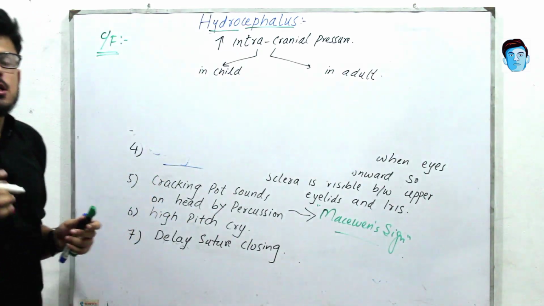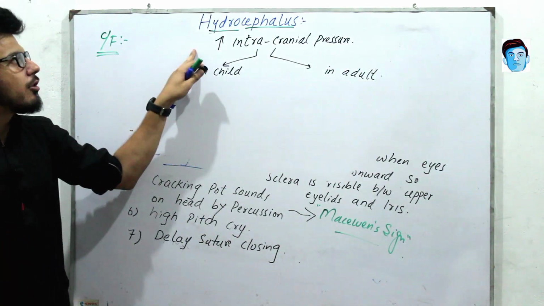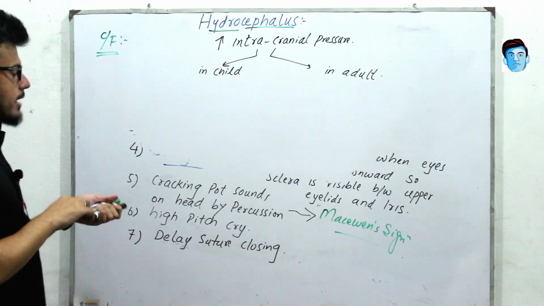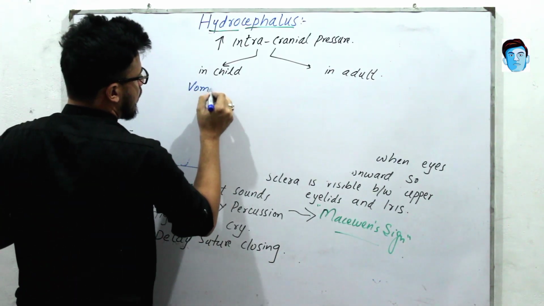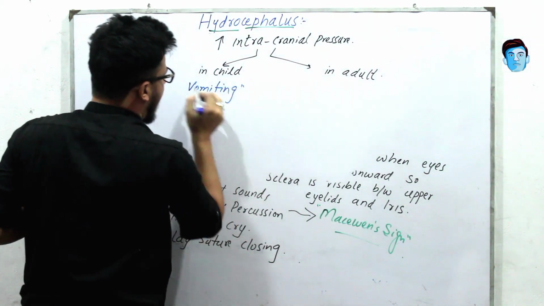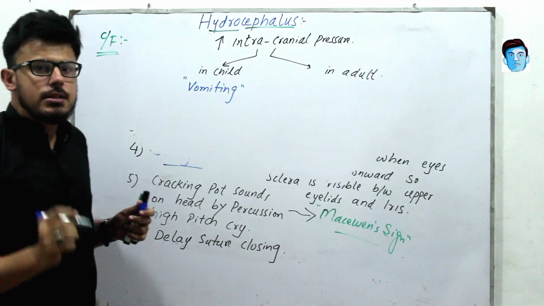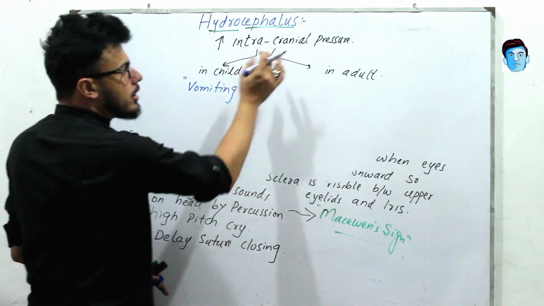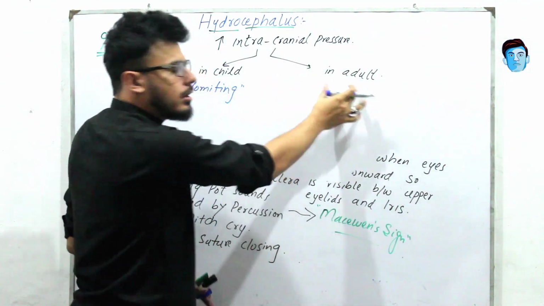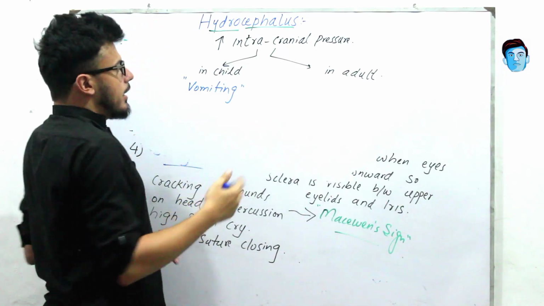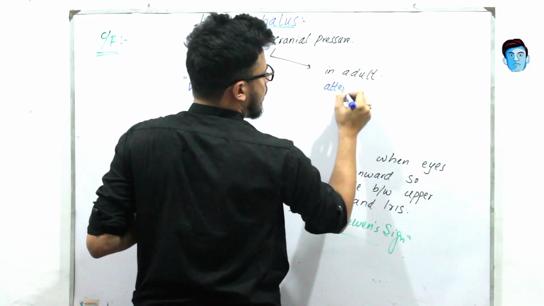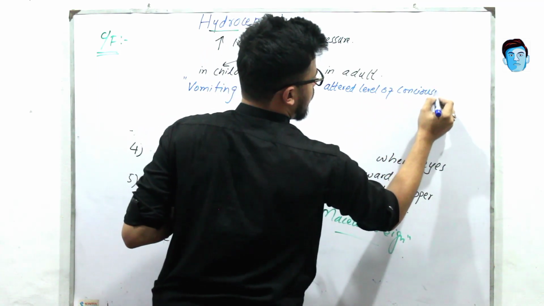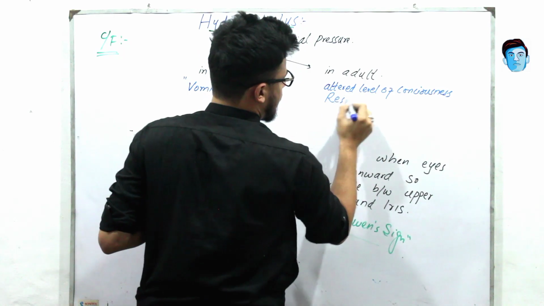What is the early sign and symptom of increased intracranial pressure in a child? That is vomiting. Always remember that the early sign of increased intracranial pressure in a child is vomiting, while in an adult, in the early stages it leads to altered level of consciousness and also restlessness.